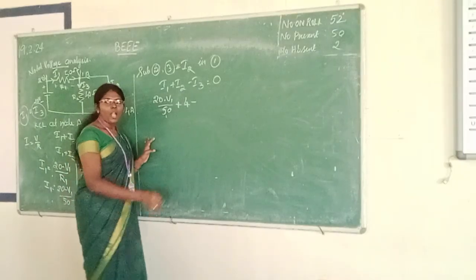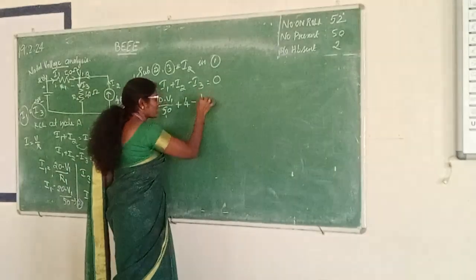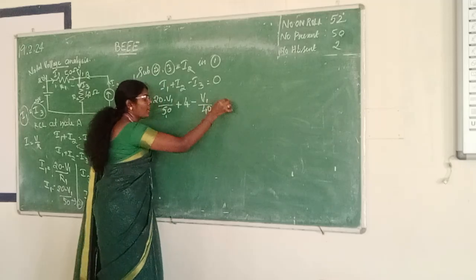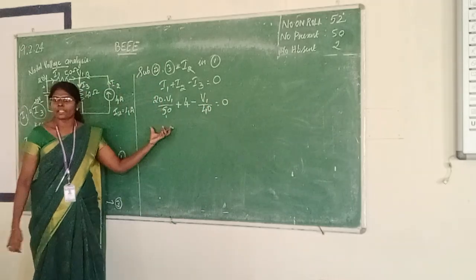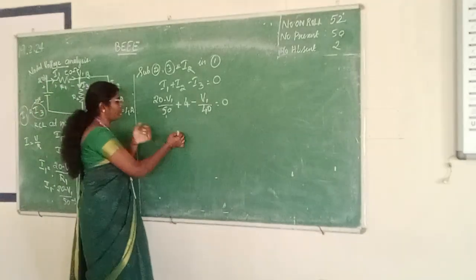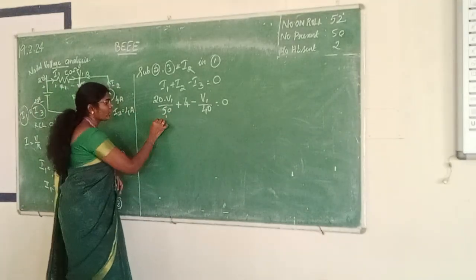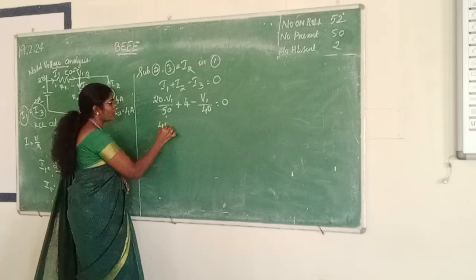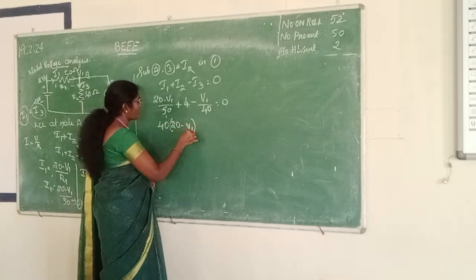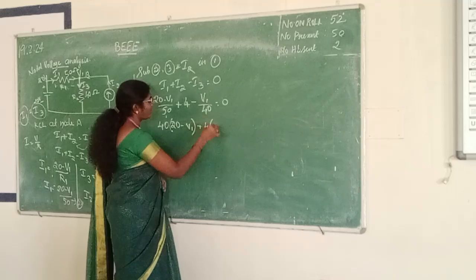I3 is equal to V1 by 40 ohm. That is equal to 0. So if we take the LCM and solve it, what is the value we will be getting for V1? It is 50, so we will write it like this: minus V1 plus 4 into 9.